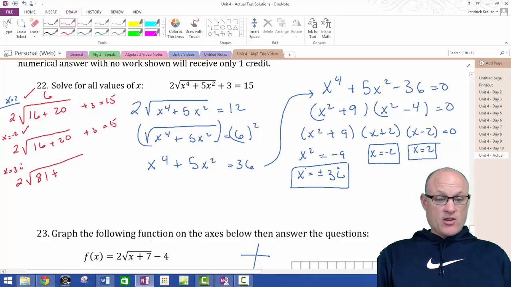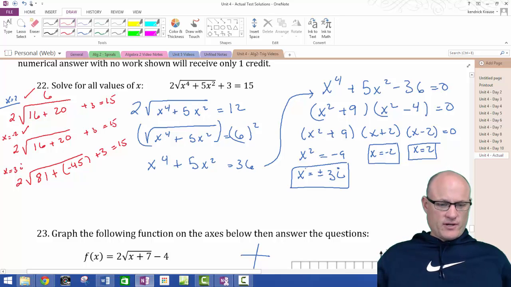Plus 3i squared is really 9i squared, which is really negative 9. Negative 9 times 5 is negative 45. Plus 3, does that equal 15? 81 minus 45. What is that? Is that negative 36?